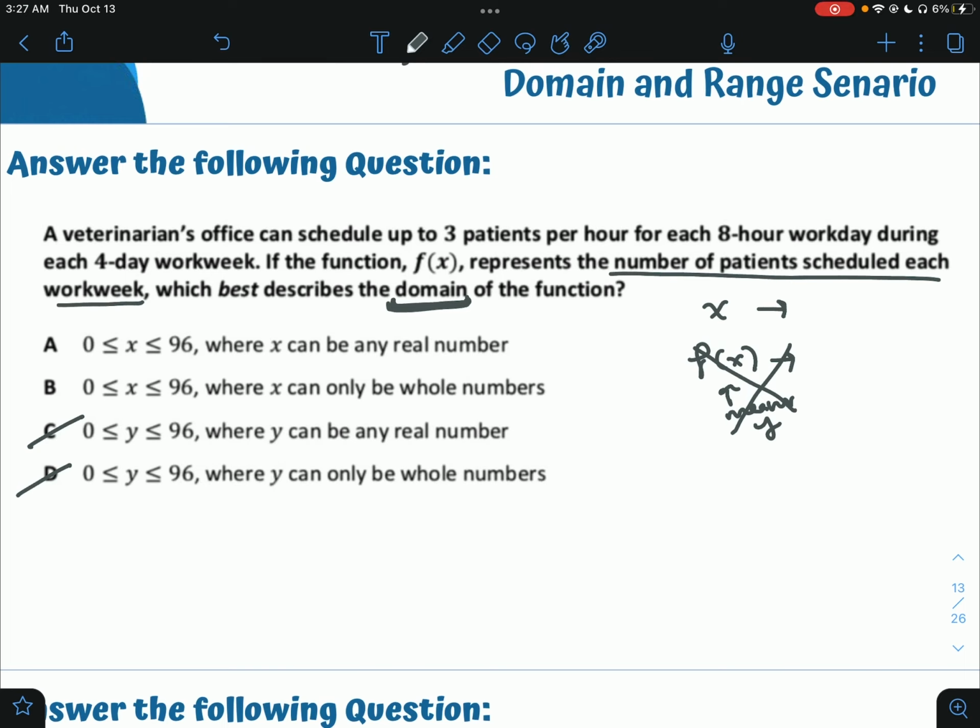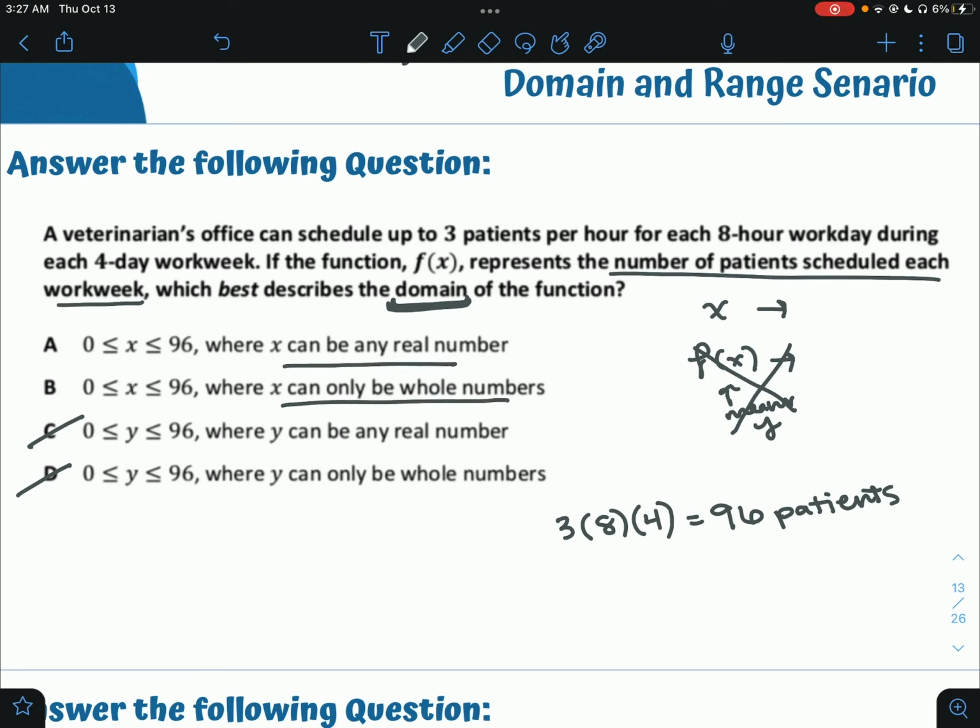From there, we would think about, okay, how do I figure out how many patients? Well, you get 3 patients per an hour, and there are 8 hours, and there are 4 days. So 3 times 8 times 4 is 96, which is where they got that 96 from in our answer options. From there, we have to consider our second part.